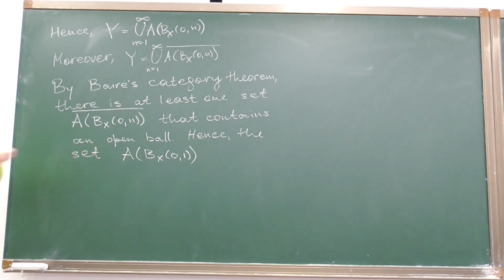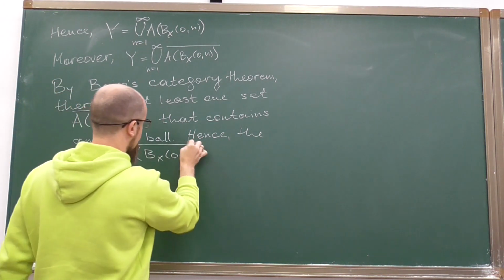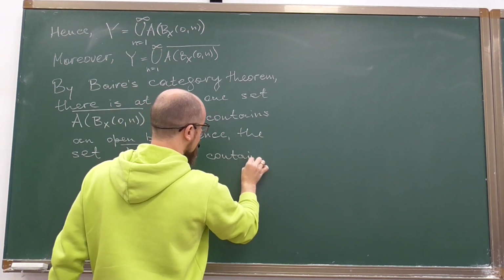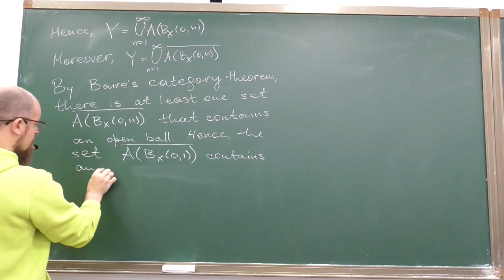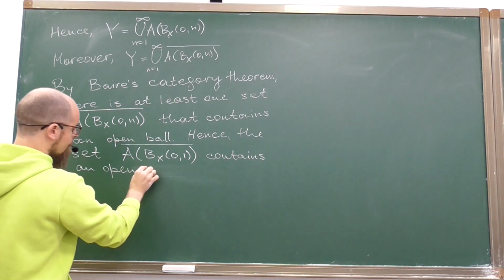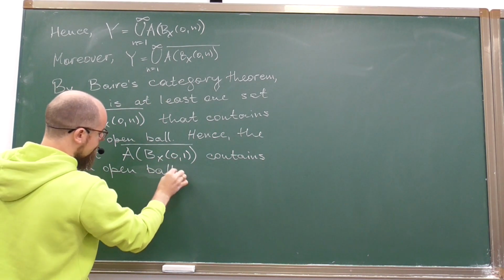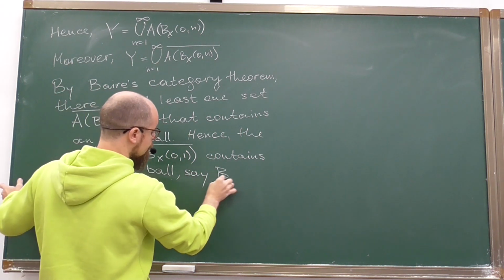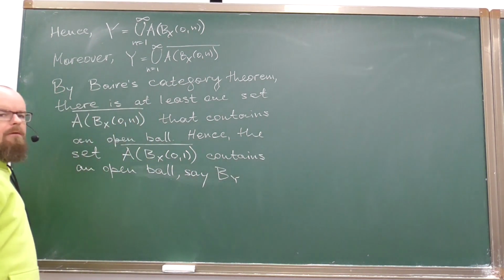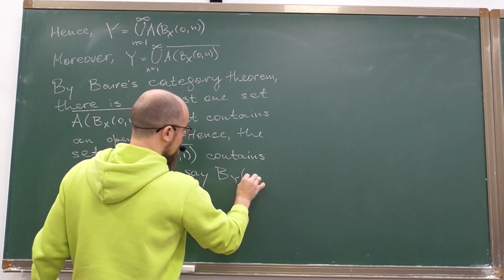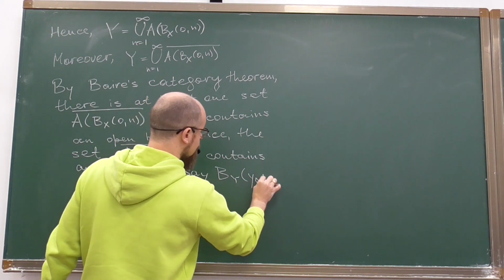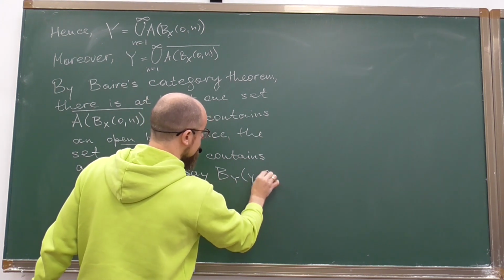So I take the image of the unit ball and take its closure. Let's call this ball, so it's a ball in the space Y, and let's say it's centered at y0 and of radius delta.